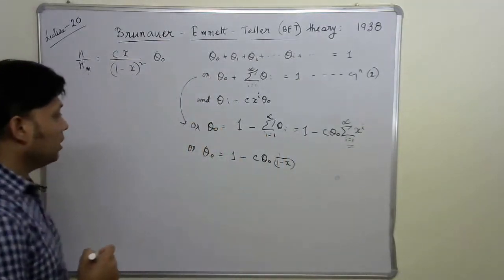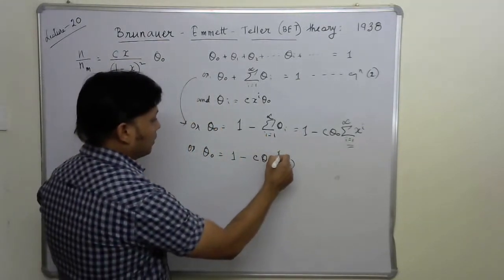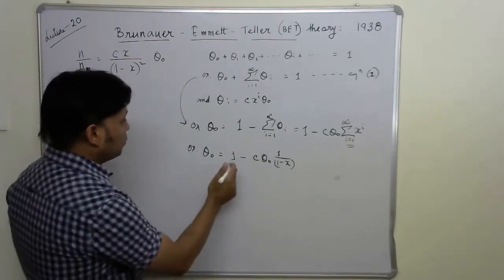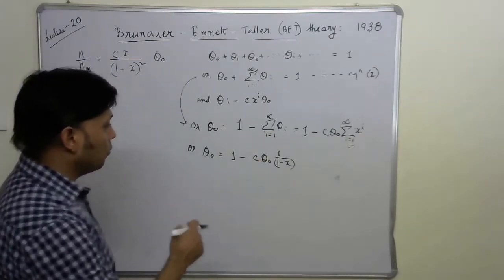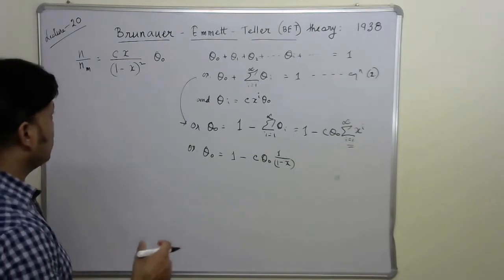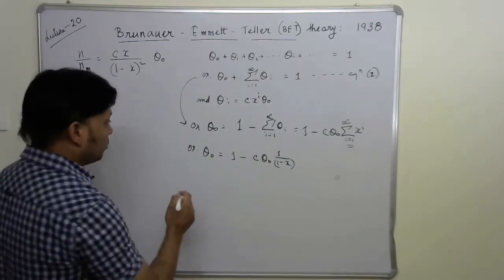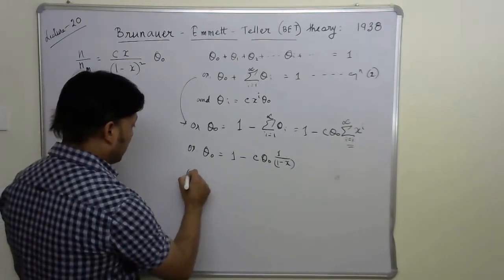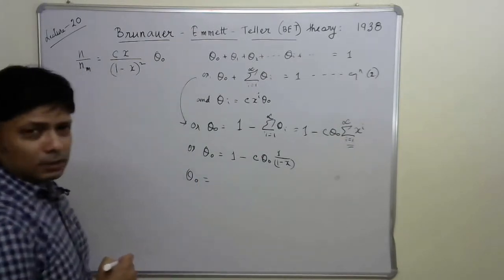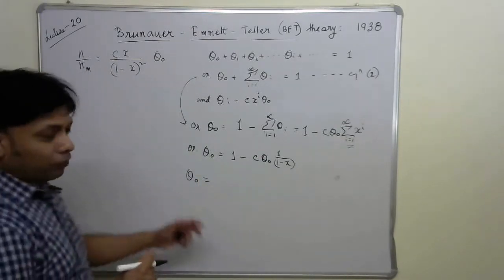All right, so now we have this expression: theta 0 is equal to 1 minus c theta 0 over 1 minus x. It's our job to find theta 0 in terms of c and x. So what is the solution for theta 0?